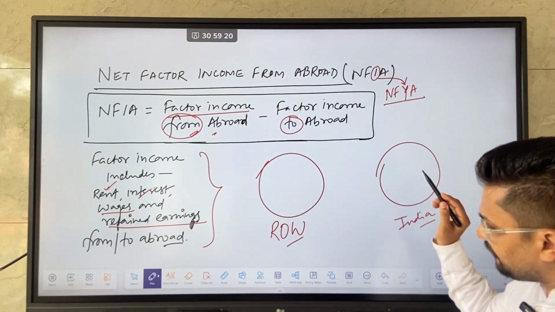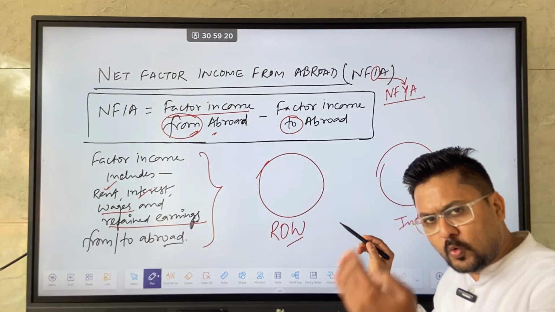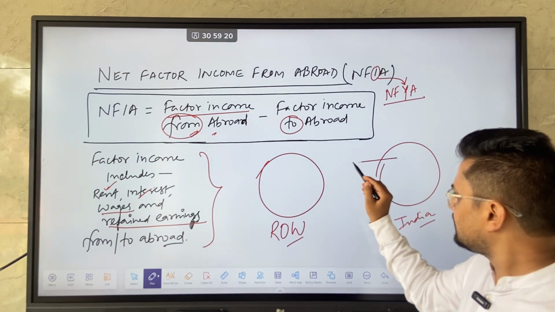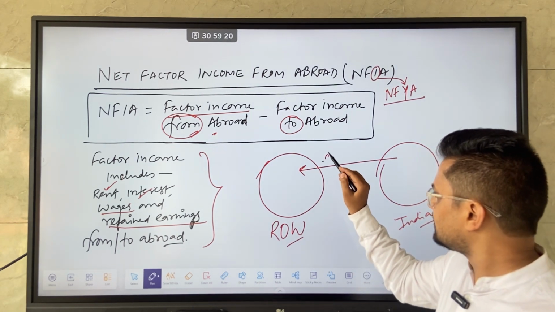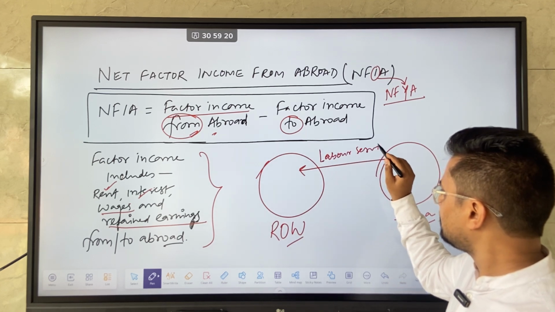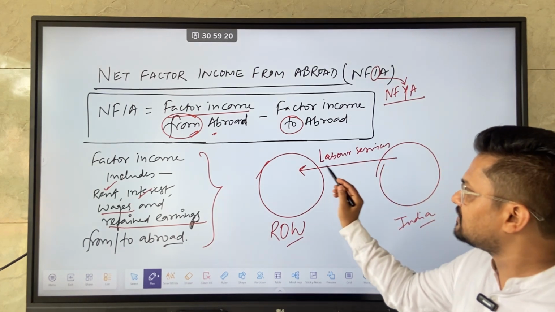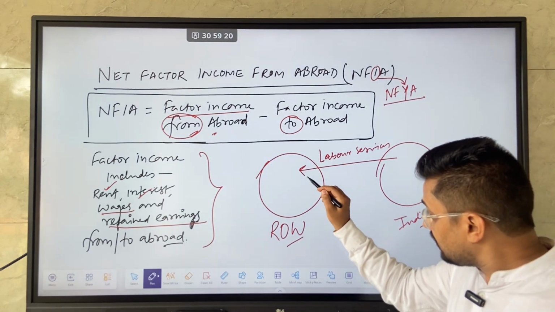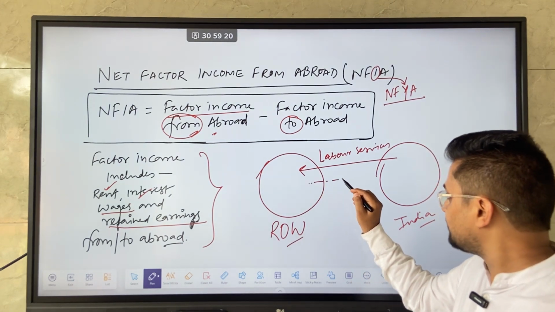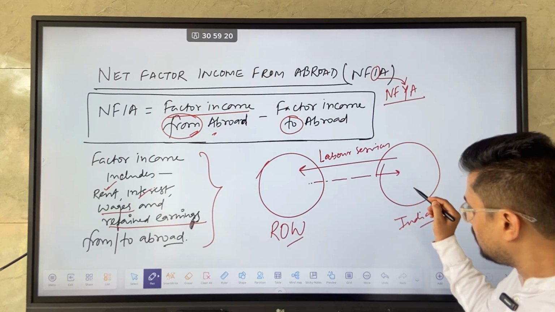Now, when factors are provided to the rest of the world, I'm taking one example: suppose labor services are provided. As a remuneration, factor income flows from the rest of the world to India.